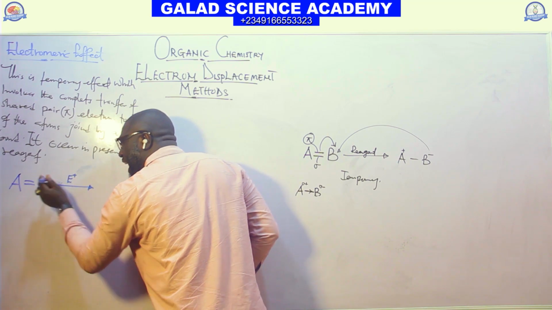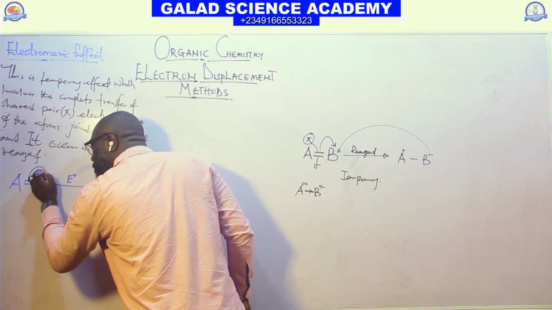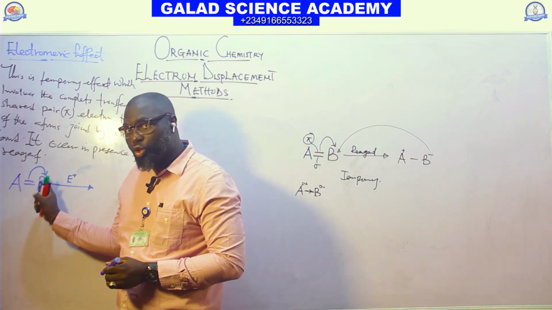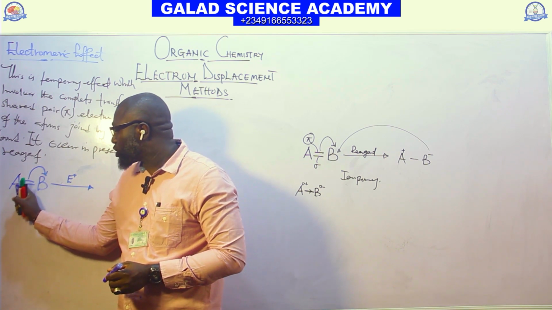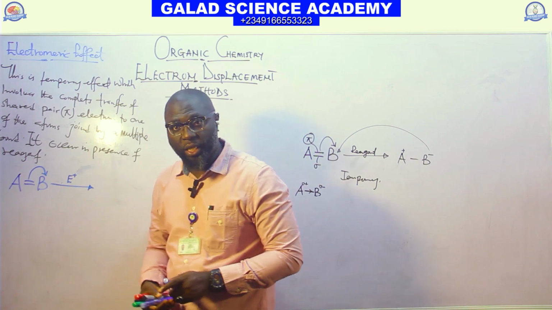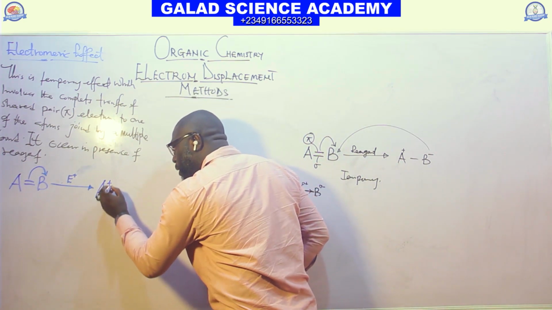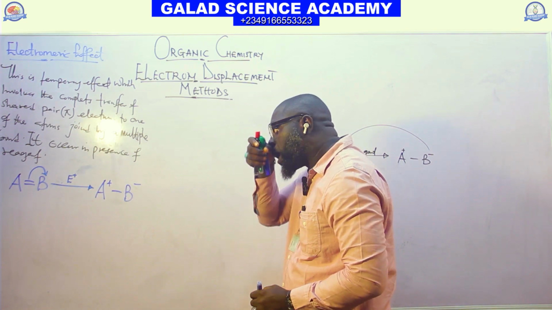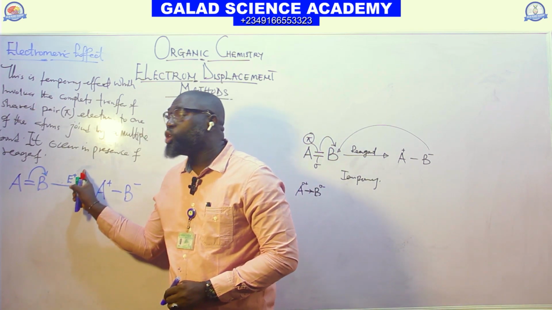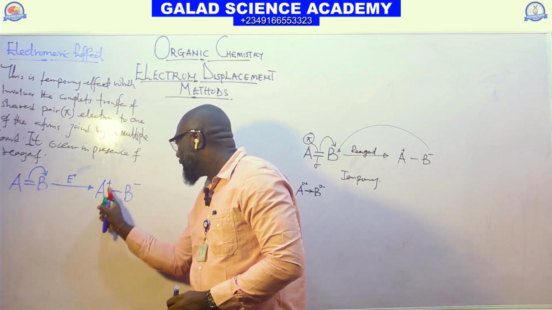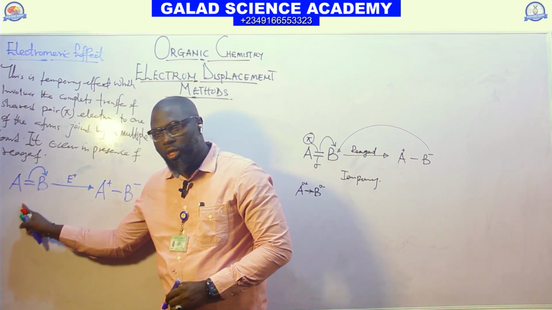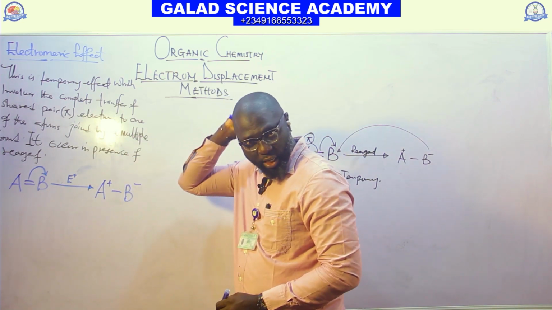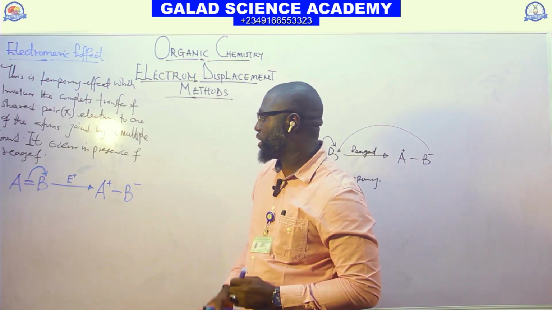The presence of this reagent shifts the pi bond to the side. We use an arrow to show that the two electrons in this pi bond move to B. You will now have A plus and B minus. If I remove the reagent, this will come back to the original compound. That's why I said it's a temporary effect, not permanent like the inductive effect.